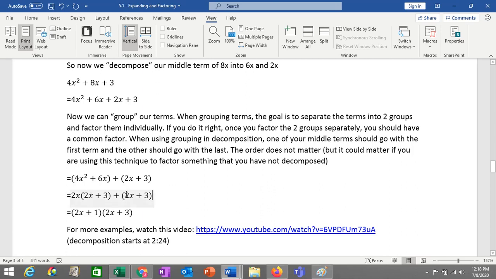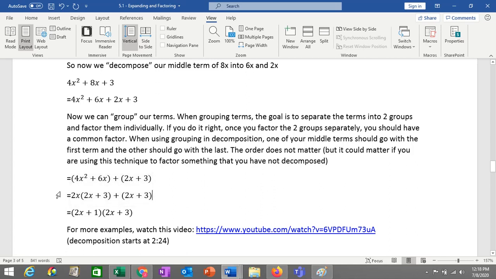So we can say that we've done this right. So now what I'm going to do is I'm going to common factor 2x plus 3 out of this part and this part. So if I divide 2x times 2x plus 3 by 2x plus 3, I'm left with 2x. And if I do the same here, I divide 2x plus 3 by itself, I'm left with 1. So remember, there is a 1 there.